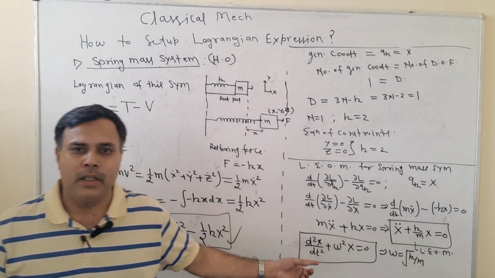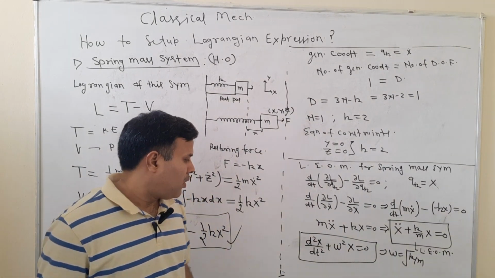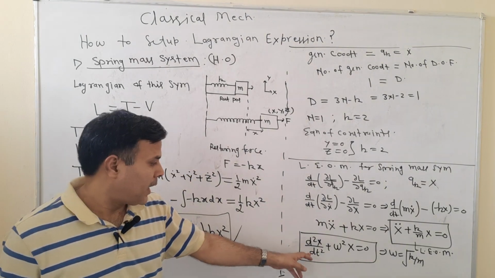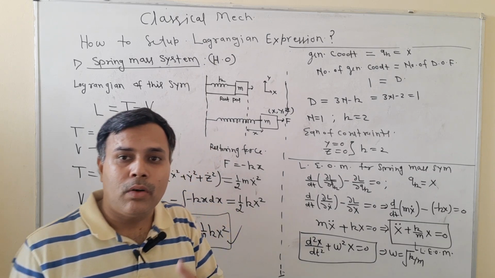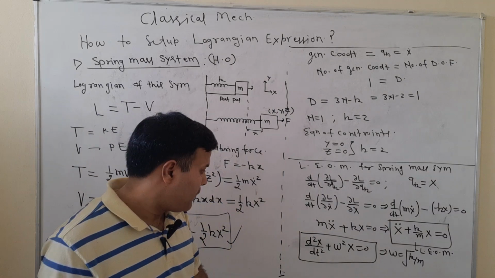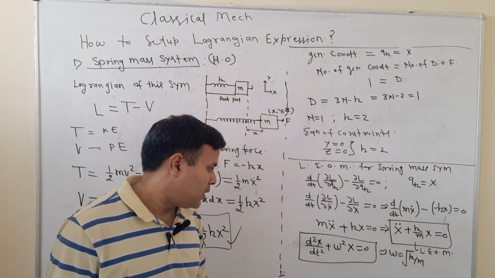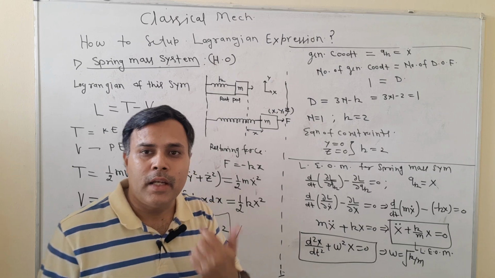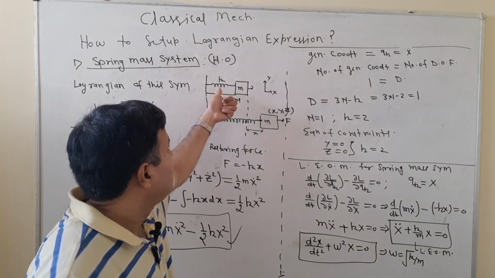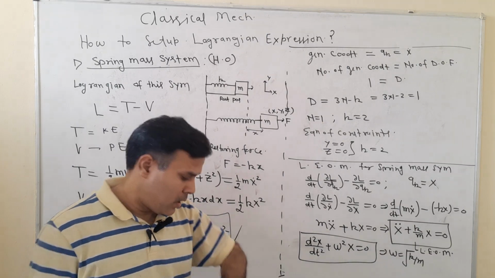K is the spring constant and m is the mass, and omega is the natural frequency of your oscillator. This is a second order differential equation that contains a lot of information. The solution of this differential equation will tell us the actual trajectory, or actual mechanics, of our spring mass system.